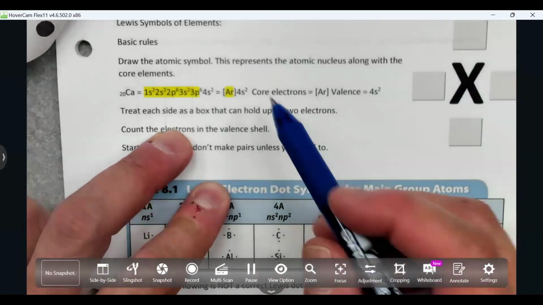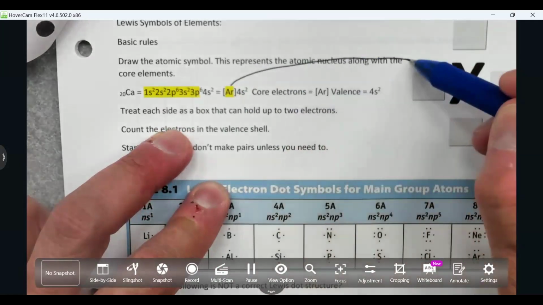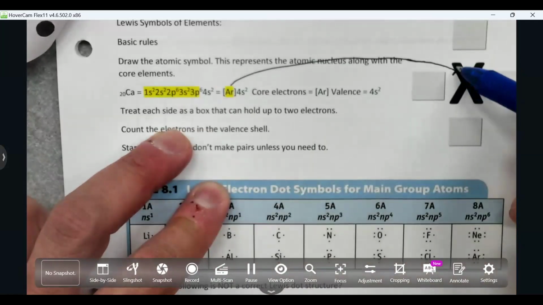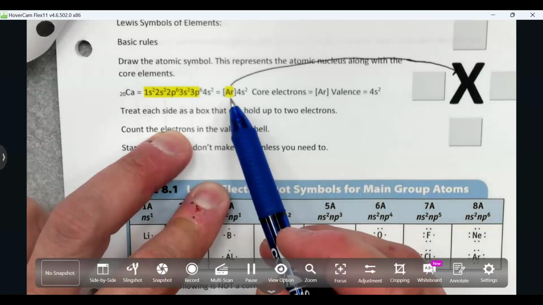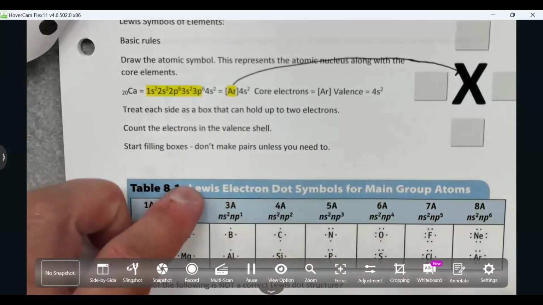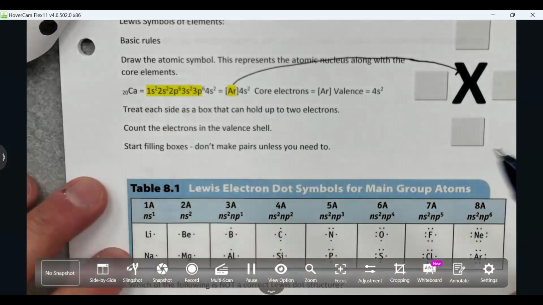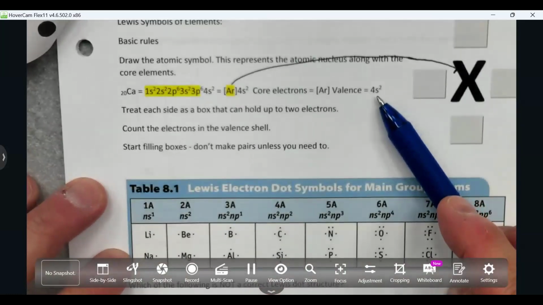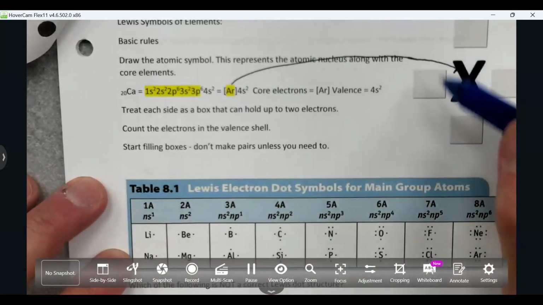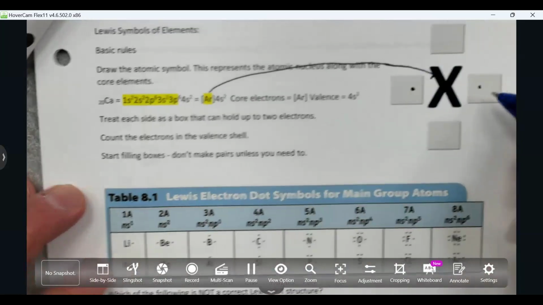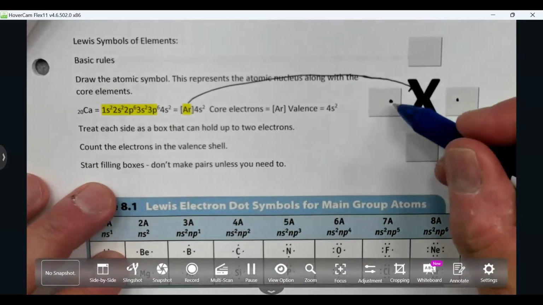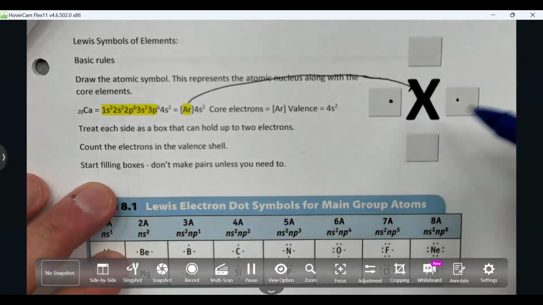So this symbol right here includes all these non-valence electrons, the protons and the neutrons. Then we put an electron dot here and an electron dot there, as far apart as possible, either left to right, up, down. It would not matter. Two electrons, you put them as far away as you can.